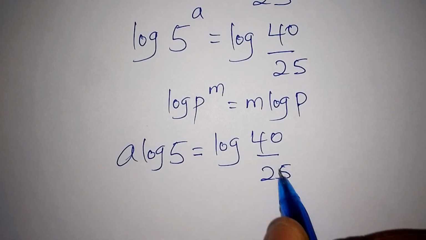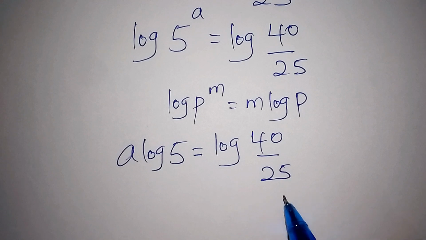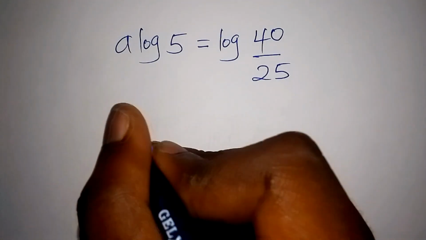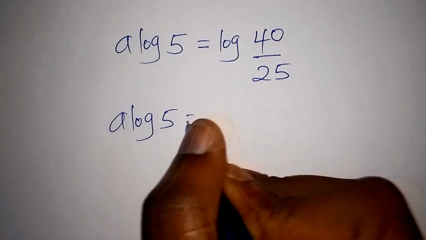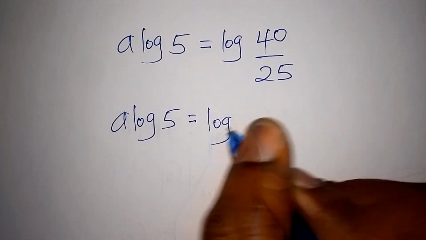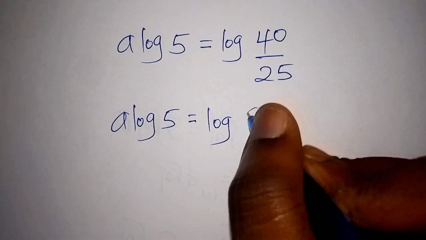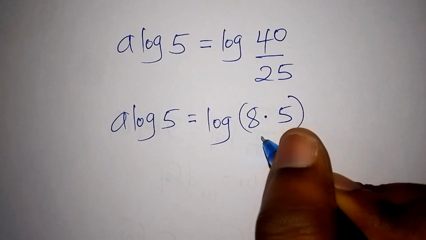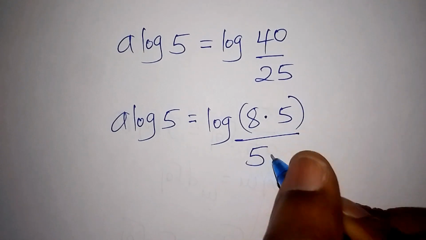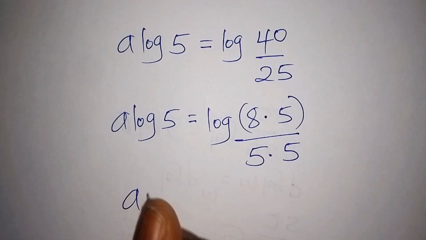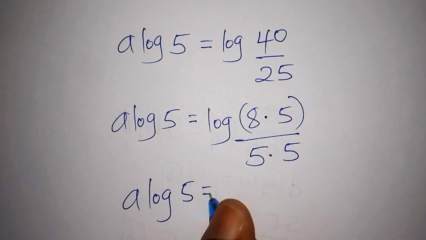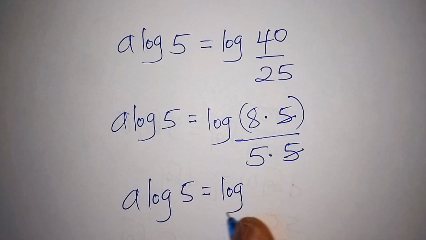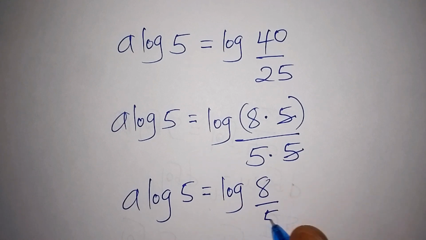The next step is to factorize 40 over 25. So a log 5 can also be written as the log of 8 multiplied by 5, in brackets, all over 5 multiplied by 5. The 5 by 5 shall cancel, so we now have a log 5 is equal to the log of 8 over 5.